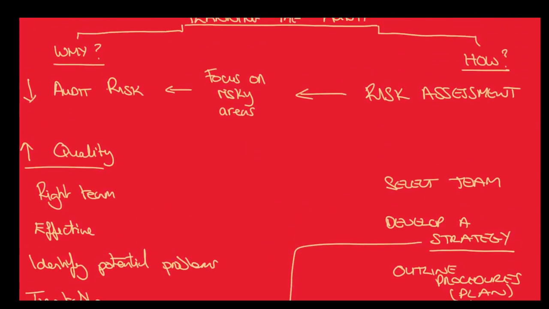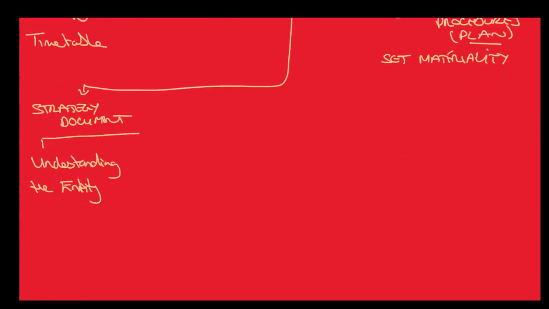Okay, the reason why we do this is because we need to lower audit risk. If we understand the entity that we're about to audit, there's less risk that we'll get things wrong because we understand them better. Then the document looks at, well, how do I actually go about doing that logistically, and what approach am I going to take?